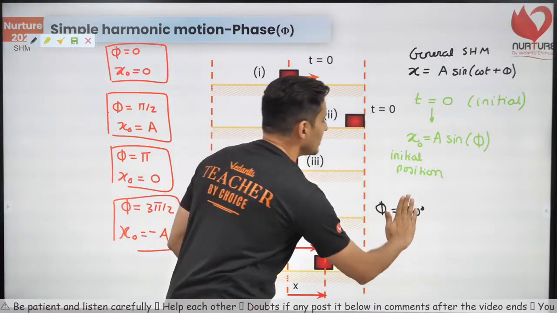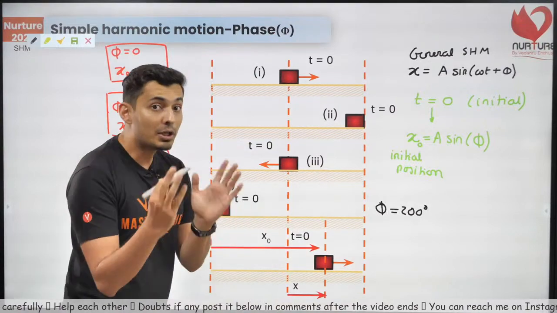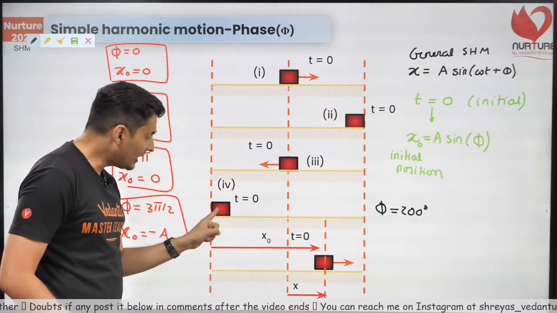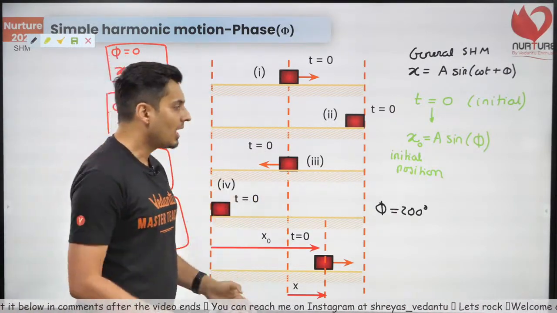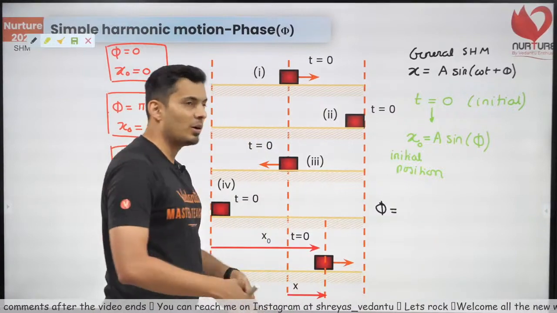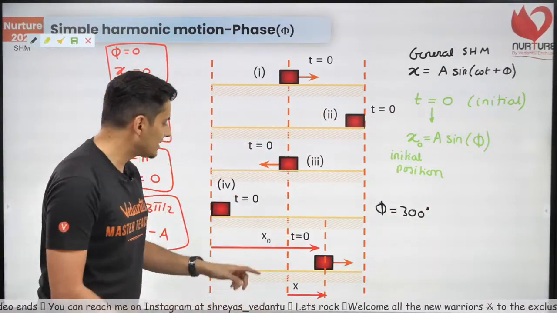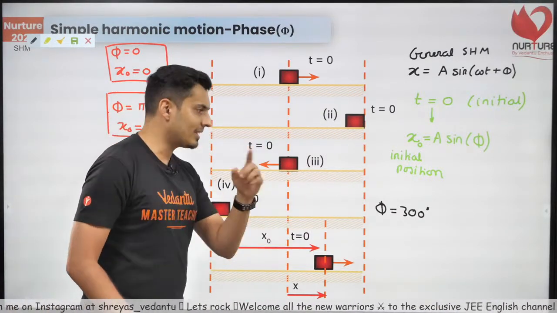If somebody tells you the value of phi is 200 degrees, it means the particle went there, came back, and is here but has not yet reached here, and it is going this side. And if somebody else tells you that the value of phi is 300 degrees, then it means it has crossed this position and it is here and going towards that side.